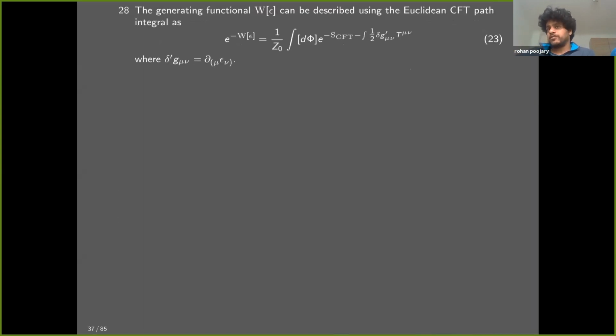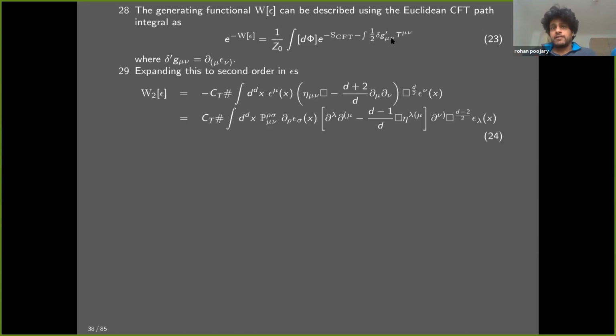So we can write a generating functional. This is a tangent, and we will not be pursuing this idea further than this point. We can write a generating functional describing the Euclidean CFT path integral for epsilons in this manner. You have the CFT path integral, and you have a source for the stress tensor, which is given by variation of your metric, and the variation of the metric can be written as the symmetrized derivative of epsilon.